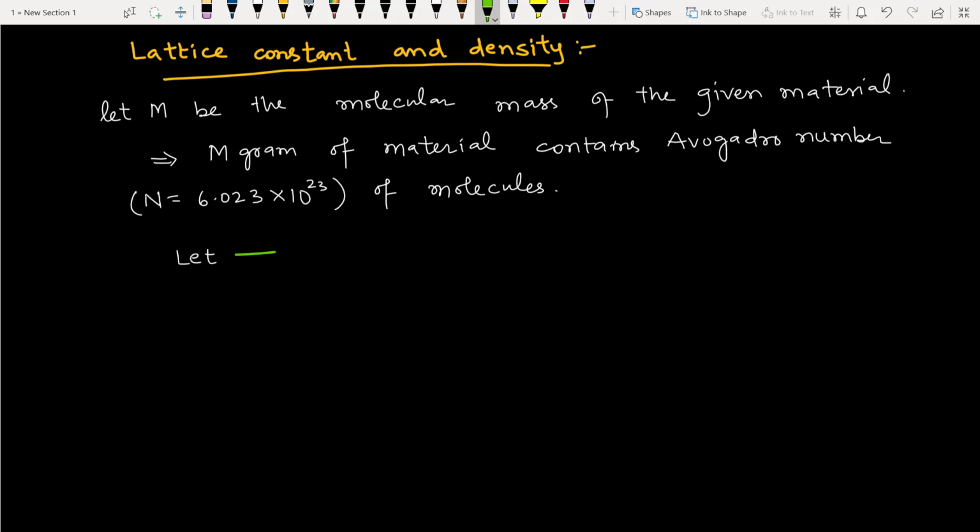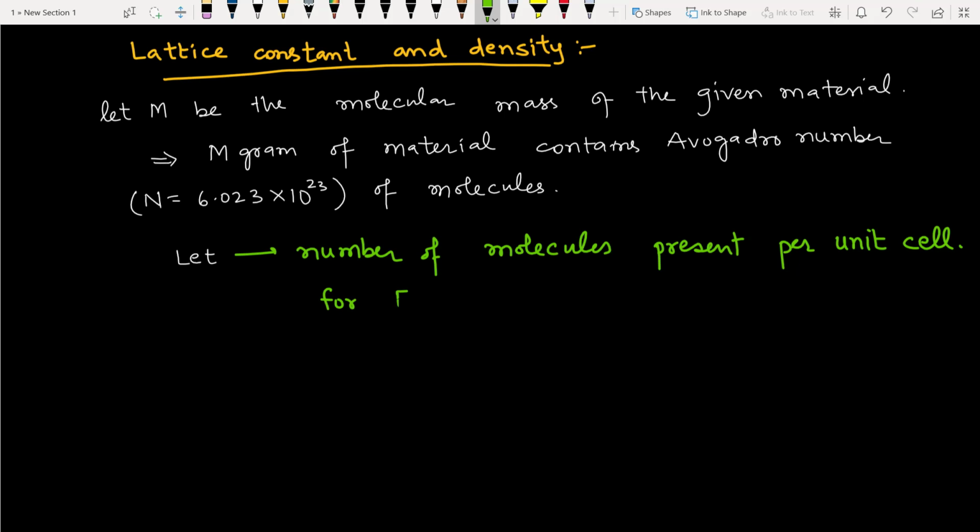In the present scenario we assume let small n be the number of molecules present per unit cell of the lattice. As we have studied, in cubic closed packed structures, the FCC structure, face centered cubic, this value is 4.